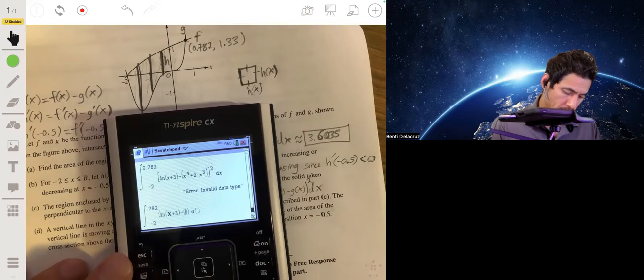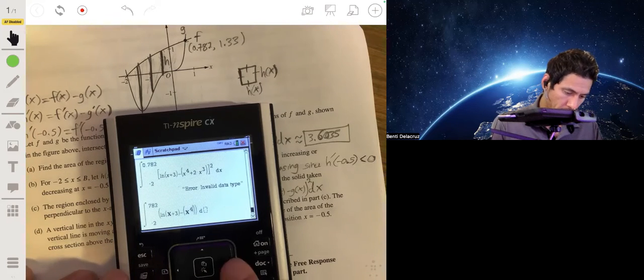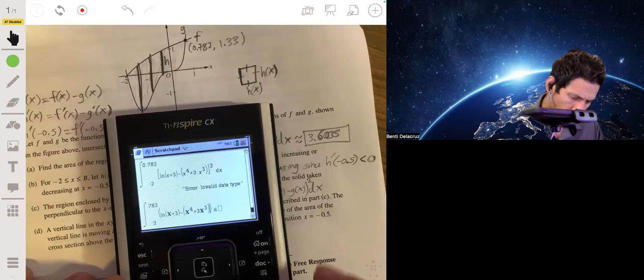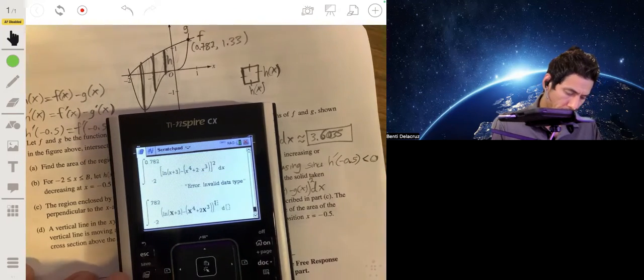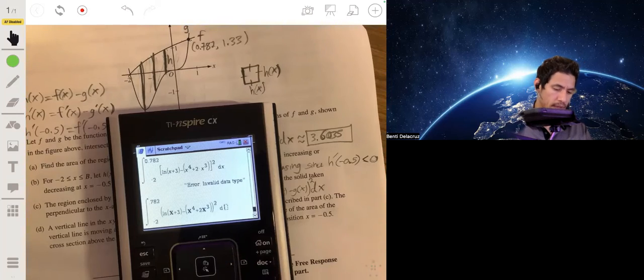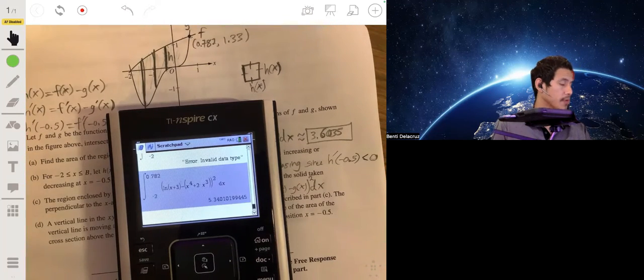Minus x to the fourth plus 2x to the third, all squared. That should work now. We get 5.34.